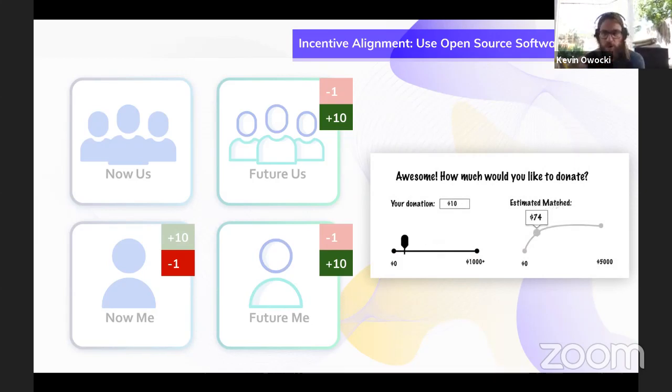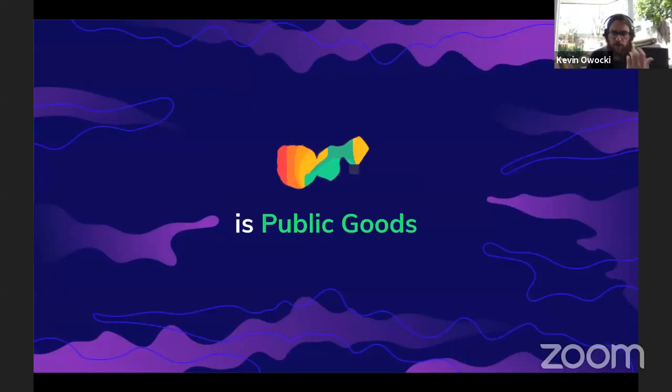So what if we could use quadratic funding to change the incentives of the trade-off between what's good for you and what's good for us, and make it so that you can spend $1 and get $74 worth of matching for the commons. And that's what really makes me excited about the work that we're doing with quadratic funding.